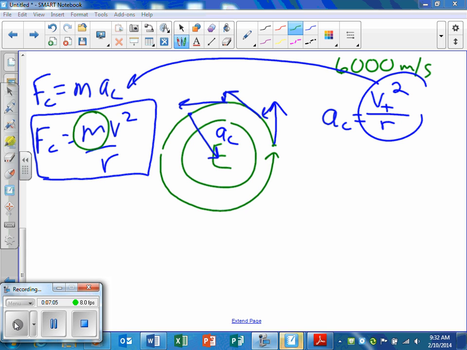But what mass is that? If we're talking satellites and the Earth, is that mass the satellite or the Earth? The satellite, very good, right? Because an unbalanced force causes a mass to accelerate, and we're talking about this acceleration towards the center, and that would be of the satellite.